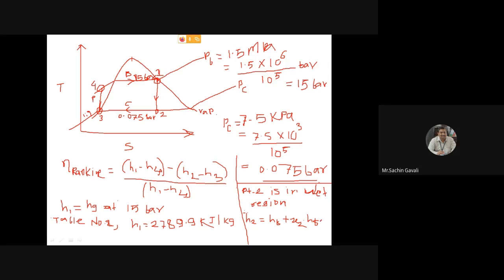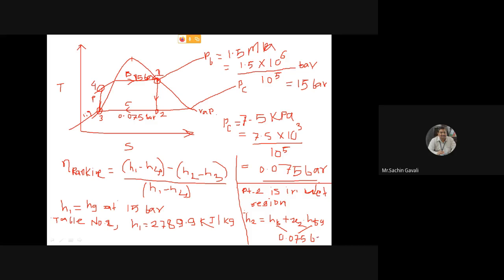Very good. And this Hf and Hfg I have to record at which pressure? 0.075 bar.